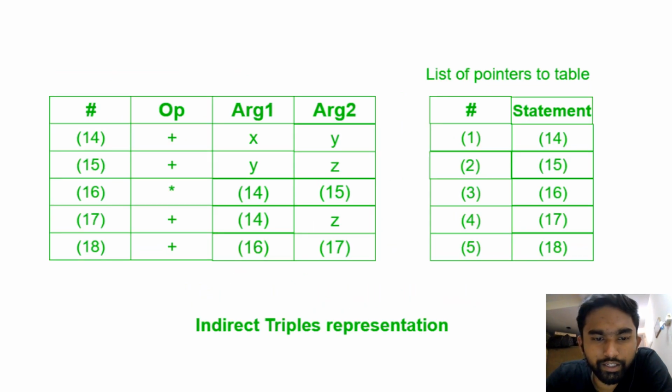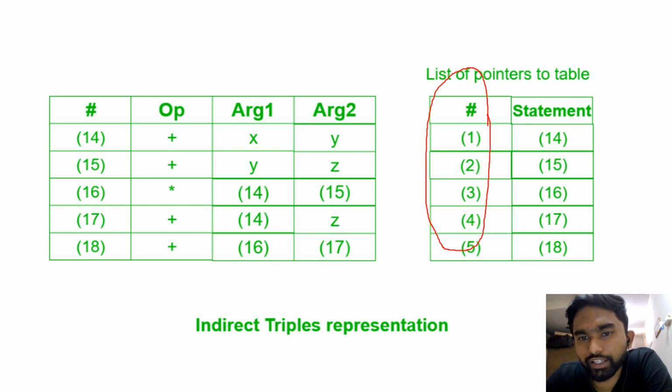And similarly in indirect triple representation we make the table like a triple representation, and we use a separate array of pointers to point to these values separately.